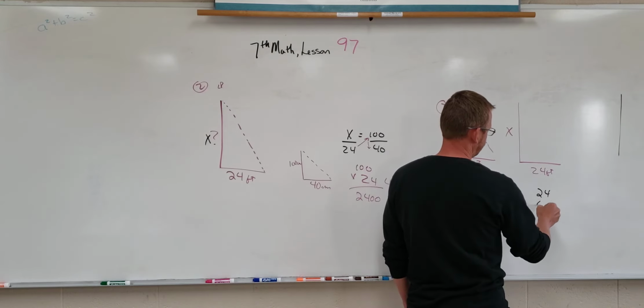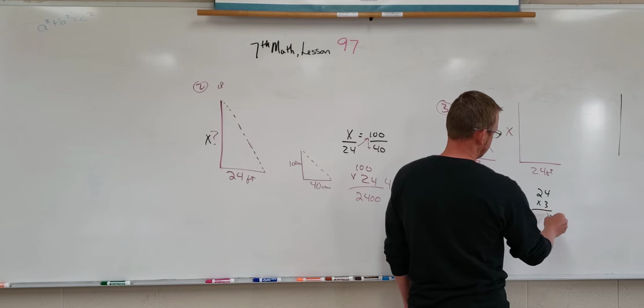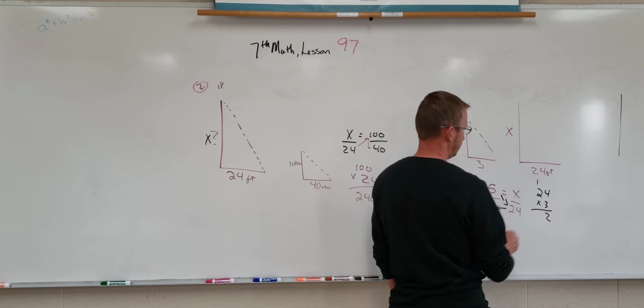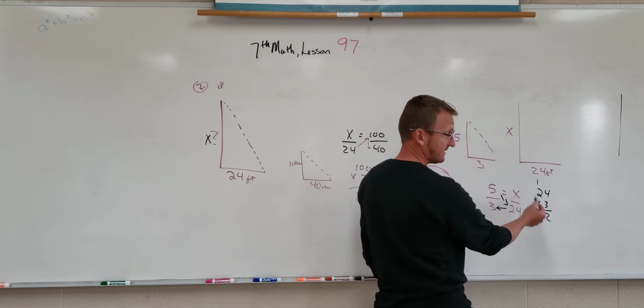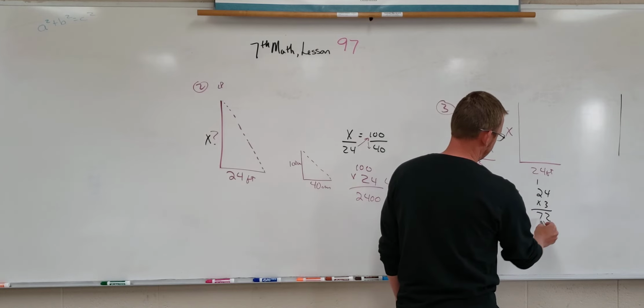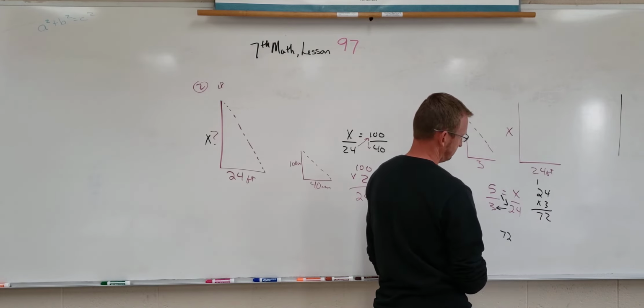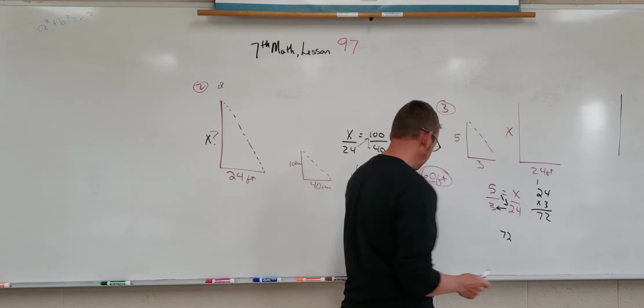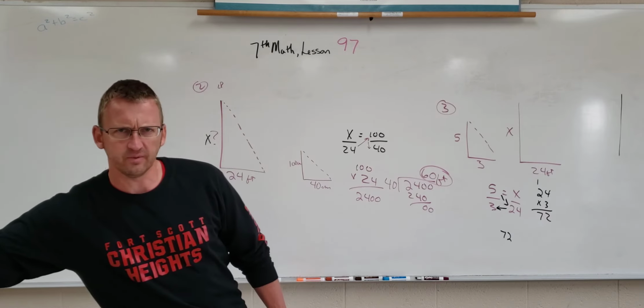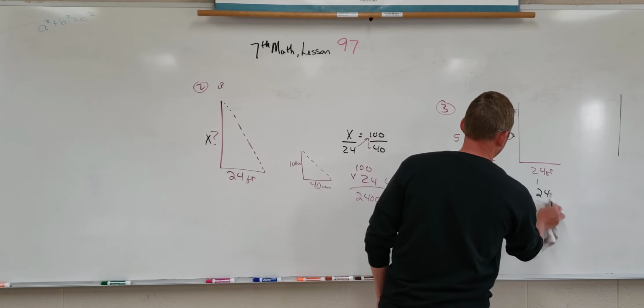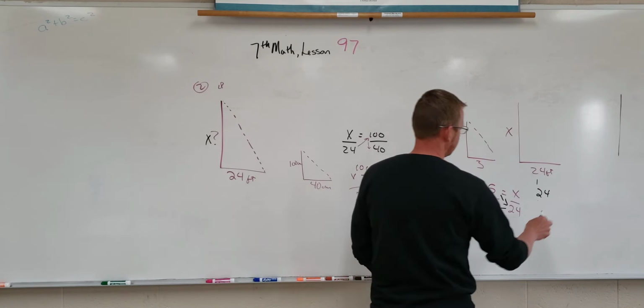24 times 3. 3 times 4 gives us 12. 3 times 2 is 6, plus 1 gives us 7. So I have 72. I did that wrong. I knew something looked weird. How about 24 times 5?